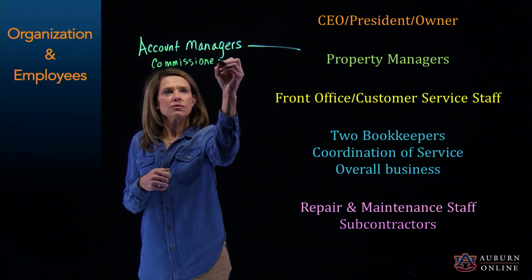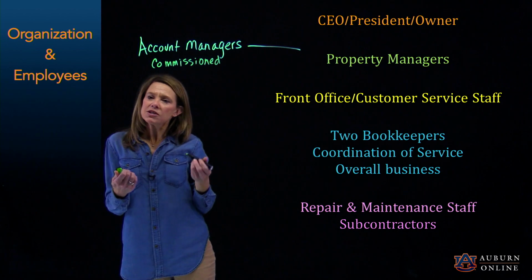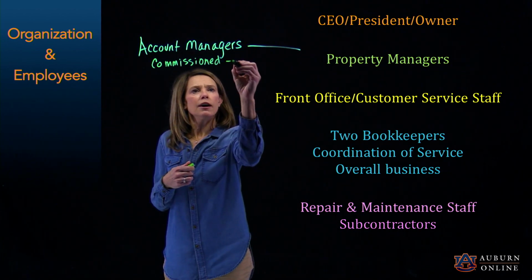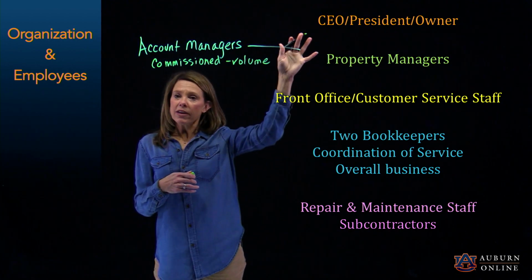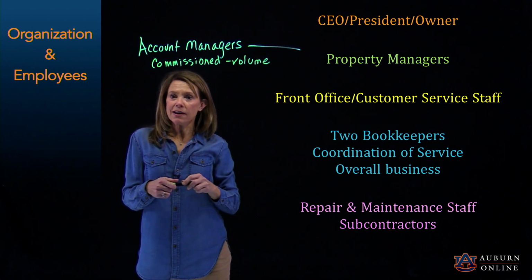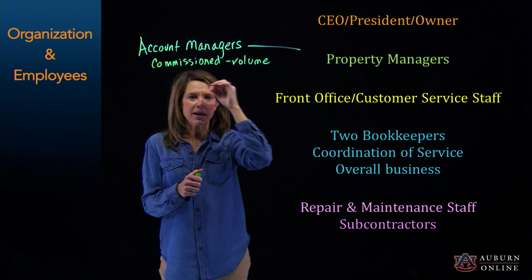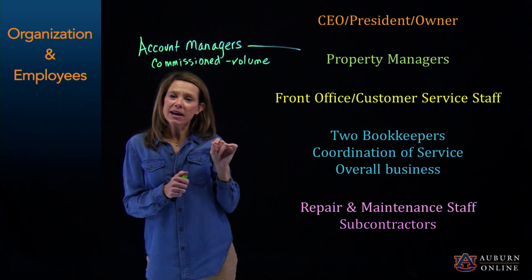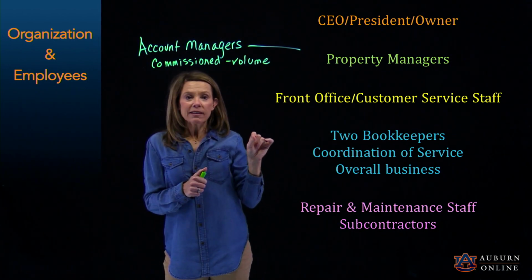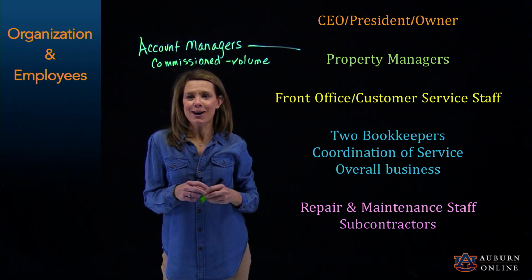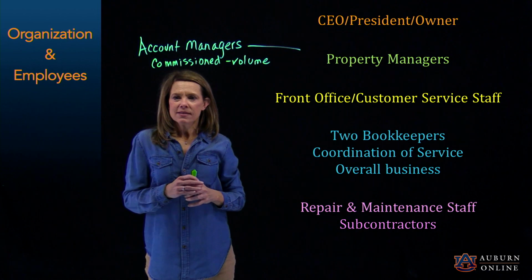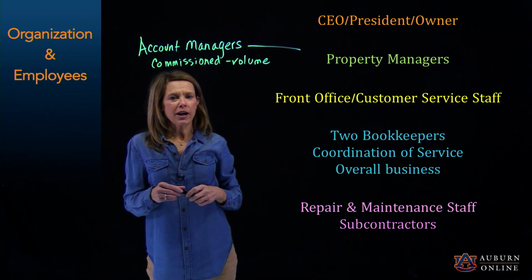Okay, so let's write that up. So these people are commissioned based on volume. And so essentially, when we think about the CEO, that's good for the CEO, right? Because he's paying these property managers, and the payment that he makes for them is directly related to how rich those property managers are making him as the owner. So that sounds like a good incentive program.